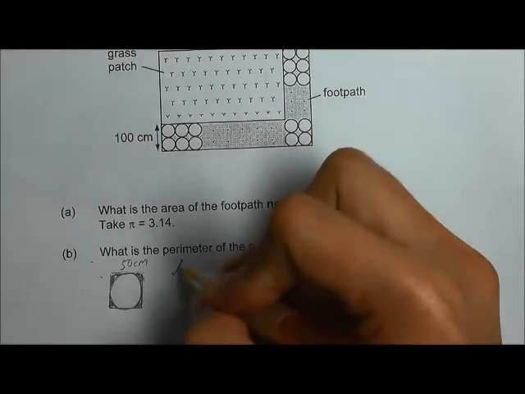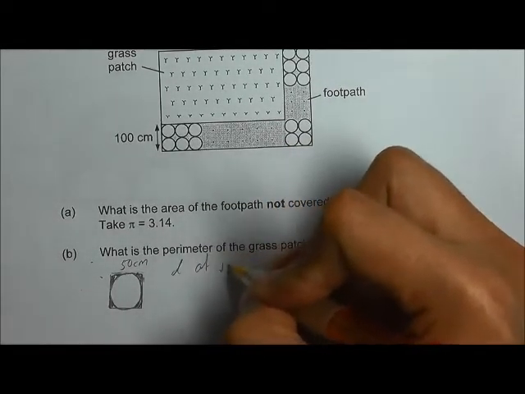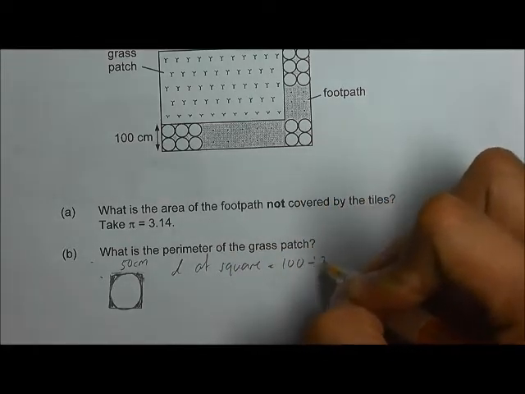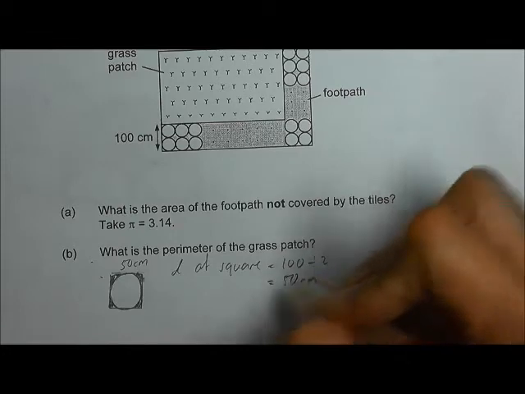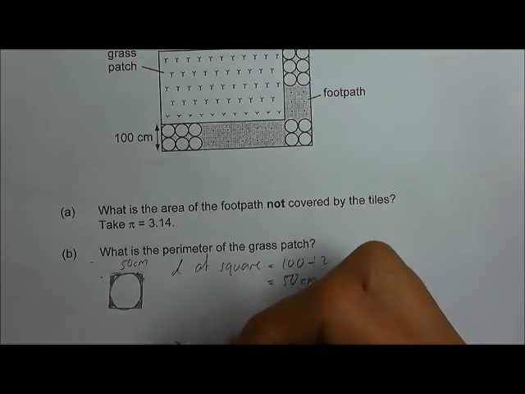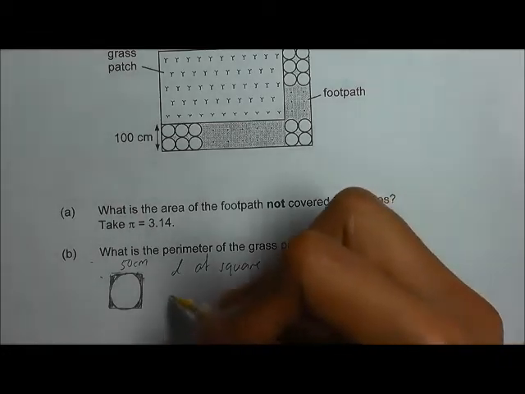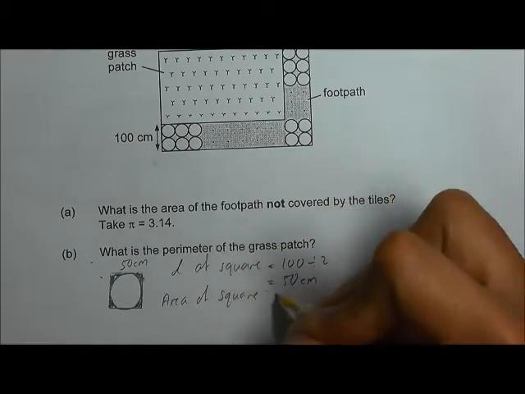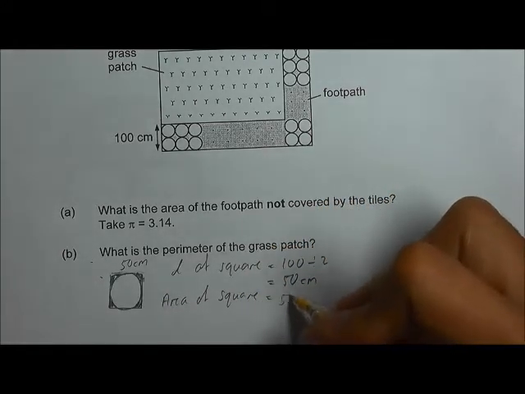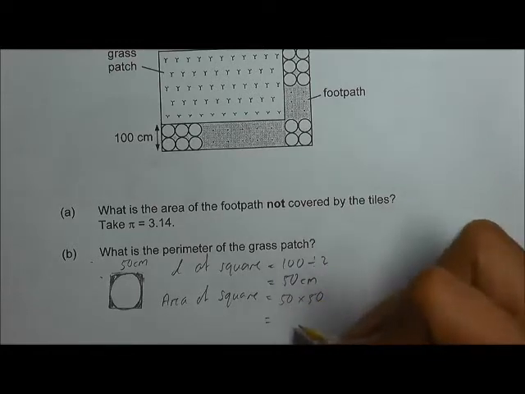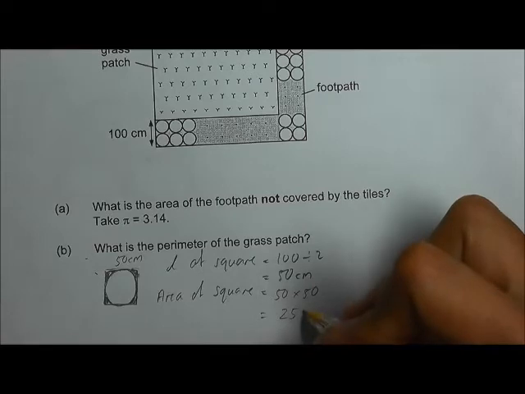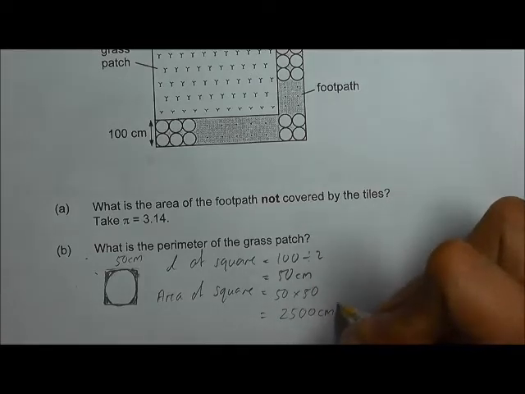So the length of the square is equal to 100 divided by 2, 50 cm, and the area of the square will be 50 times 50. That will give us 2500 cm squared.